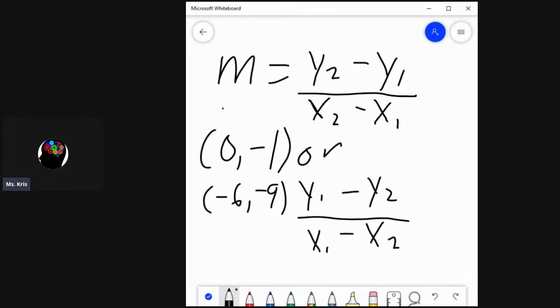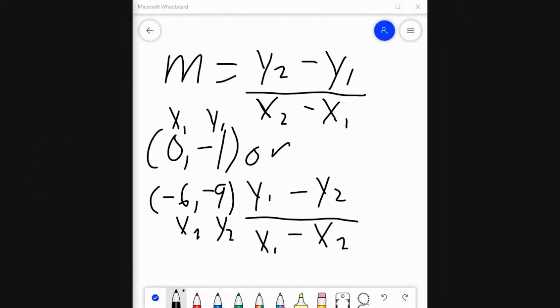Of course, the first point I wrote, I will make my x1, y1. Then I'm going to make this my x2, y2. And now, since I've labeled my points, I can solve with either of them.